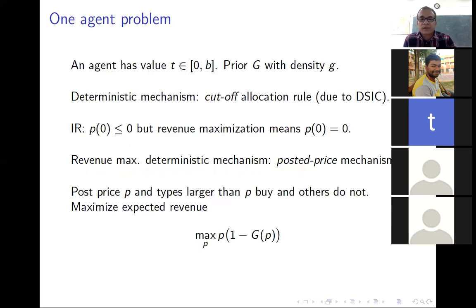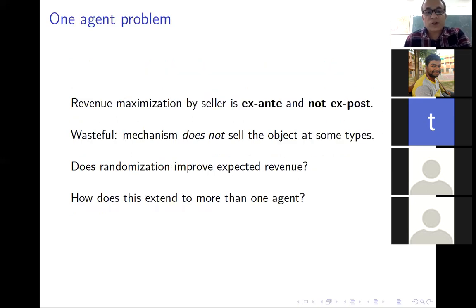So instead of announcing a price and allocating everyone above that type with probability 1, can I have a non-deterministic but monotone mechanism? It's not clear, and you'll see from the results today that randomization does not help. So randomization is not required for maximizing expected revenue.